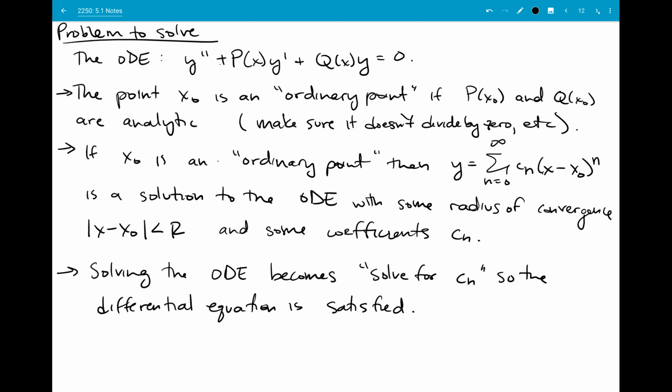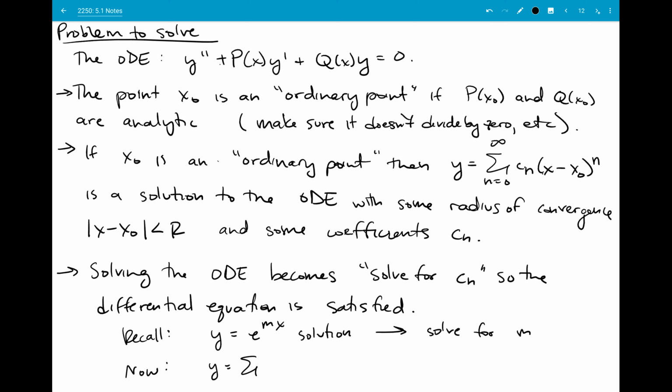And real quick, I want to make a connection to something that was really intuitive for you all during exam 2. So remember, we would say y equal e to the mx was a solution, and that became solve for m. What we're doing now is exactly the same thing.